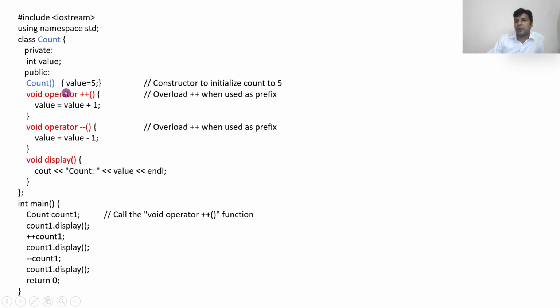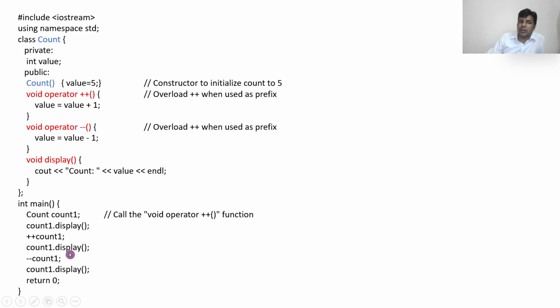I have created count1, where count1 is an object and Count is a class name. When I say count1.display, it will print 5. Next, if I say plus plus count, I am calling the plus plus operator.